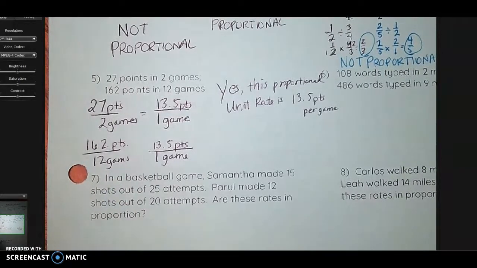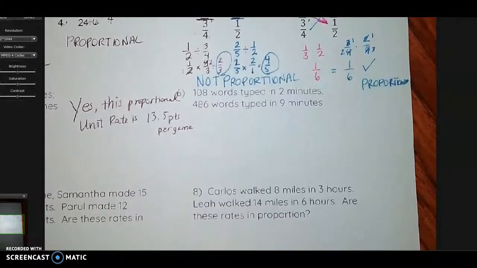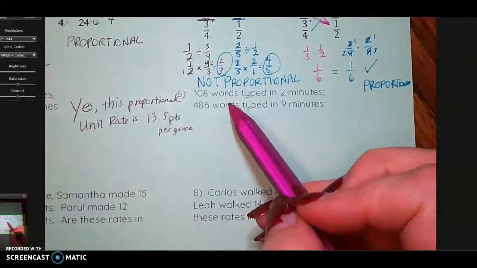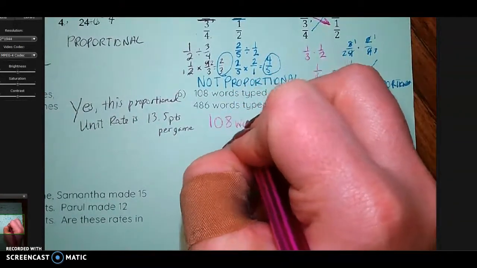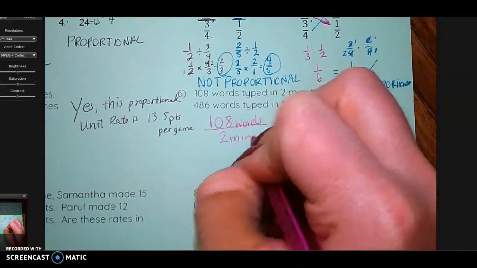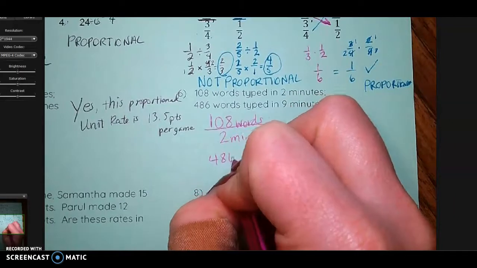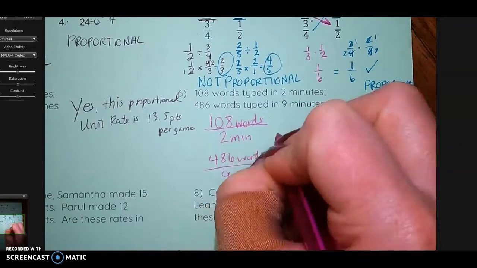Sorry about that. The second question here says 108 words typed in 2 minutes, or 486 words in 9 minutes.